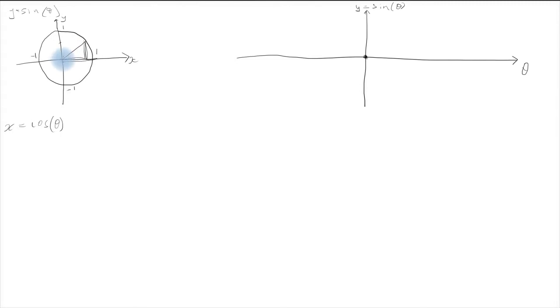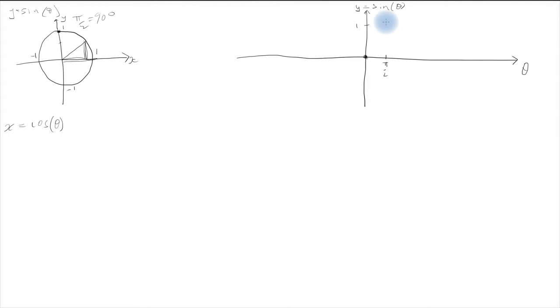Now let's find a couple of other points. If we go straight up, that's our 90-degree angle, or pi on 2, and there our y-coordinate is 1. So we'll reach 1 at pi on 2.